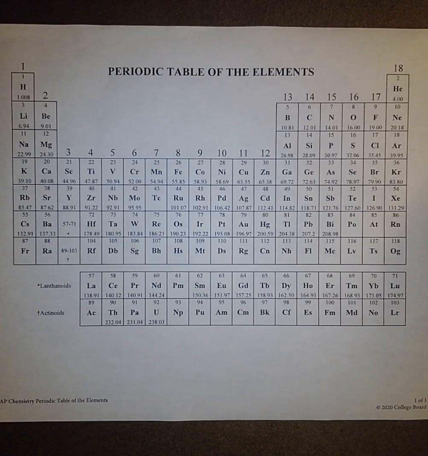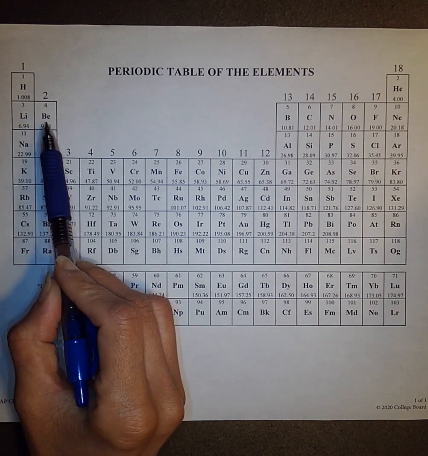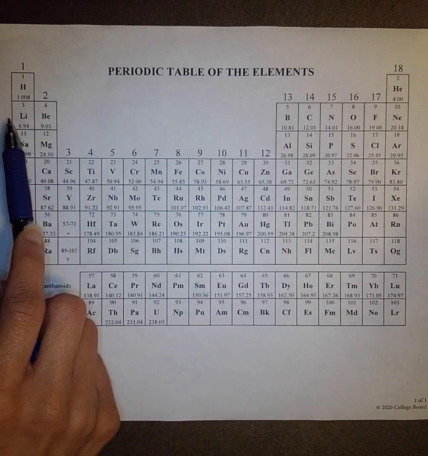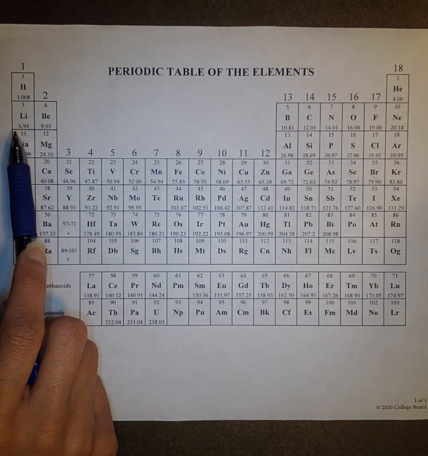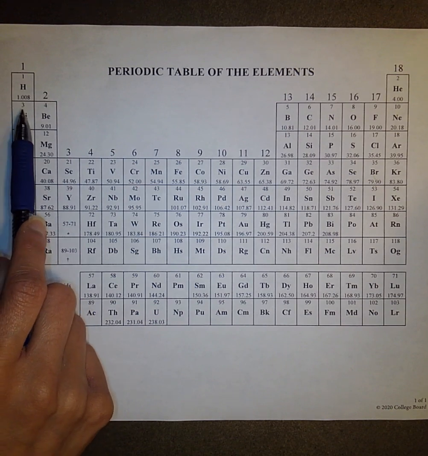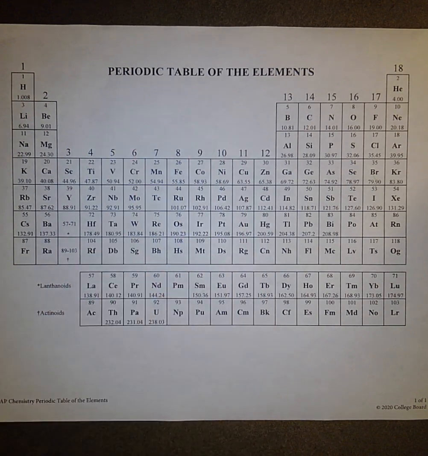So I'm going to illustrate the concept of nuclear charge with the elements lithium, beryllium, and boron. So notice they are on the same period of the periodic table. And as you increase the nuclear charge, 3, 4, and 5, you also increase the attractive force that is between the nucleus and the valence electrons. So let me show you how that looks.